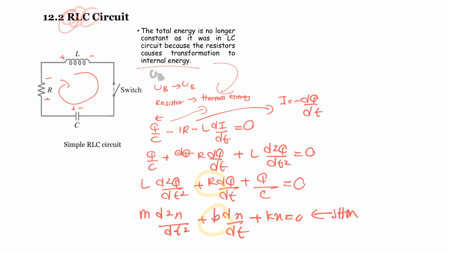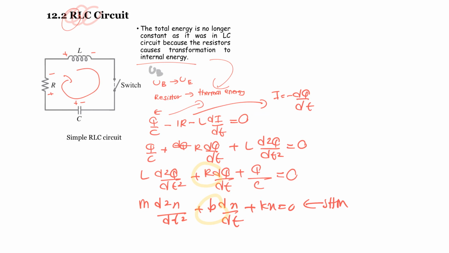So here you are going to get the damping effect. The damping constant value R depends on the value of 4L over C. Sorry, this is going to be R squared over there, which is equivalent to 4L over C. So it depends on the inductance and capacitance.